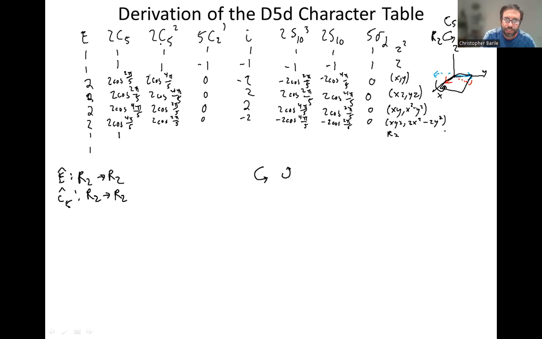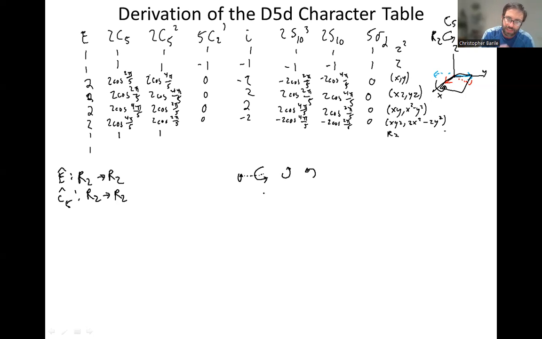And then if we look at C5-2, it's going to be a very similar situation. We just rotate a little bit more, another 72 degrees, so still pointing in the same direction. An interesting one is a C2 prime. We define that as our x-axis, and now we're taking this vector and rotating it this way.